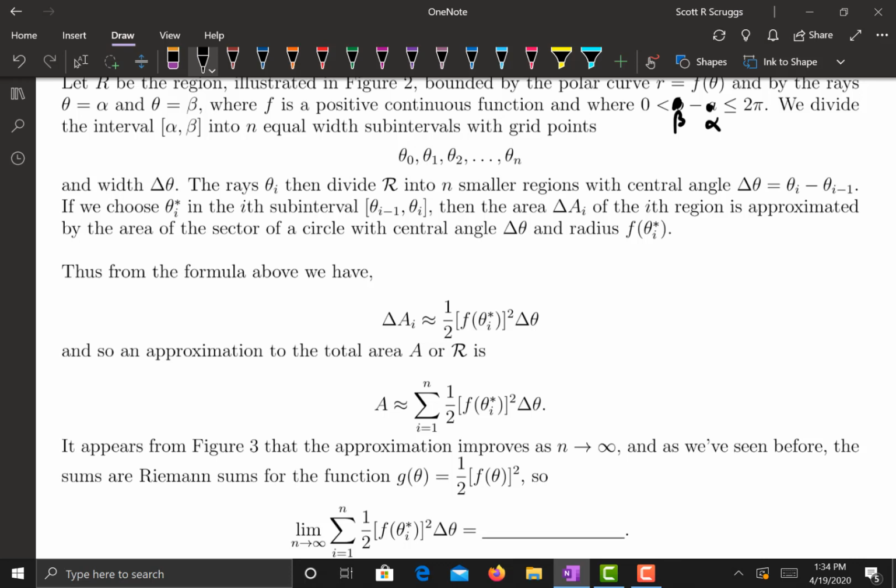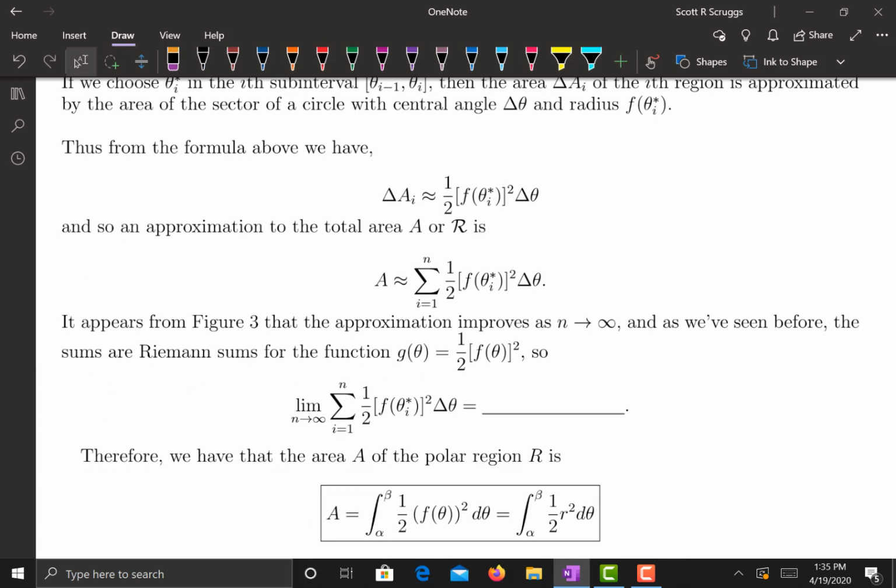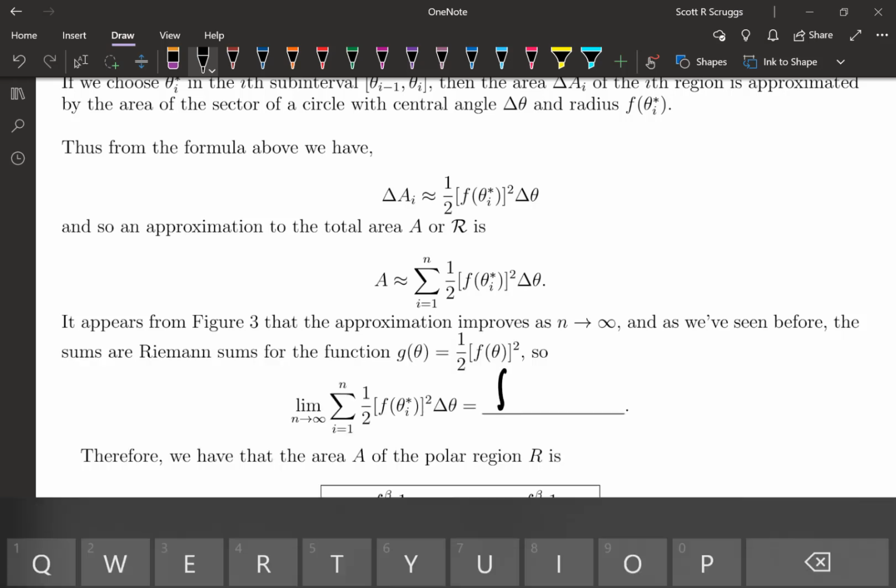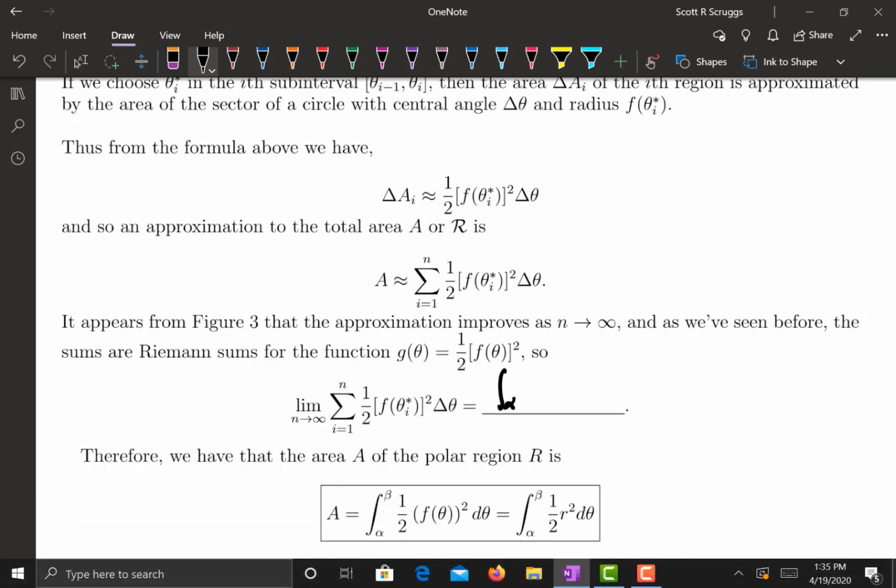Then I approximate the total area by taking the Riemann sum. And if I let the limit go to infinity, just like with the integral, I get in the end from an approximation to an exact area underneath the curve.